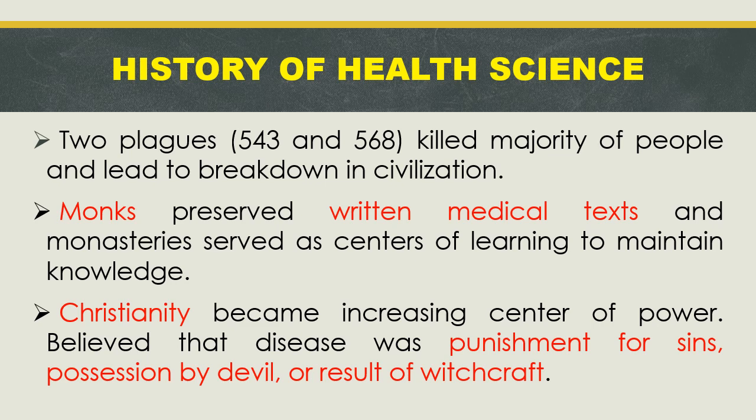So those 2 plagues happened during 543 AD and 568 AD. During this time also, monks preserved written medical texts, and monasteries served as centers of learning to maintain knowledge. During the medieval times, Christianity became increasing center of power, and they believed that disease was punishment for sins, possession by devil, or result of witchcraft.